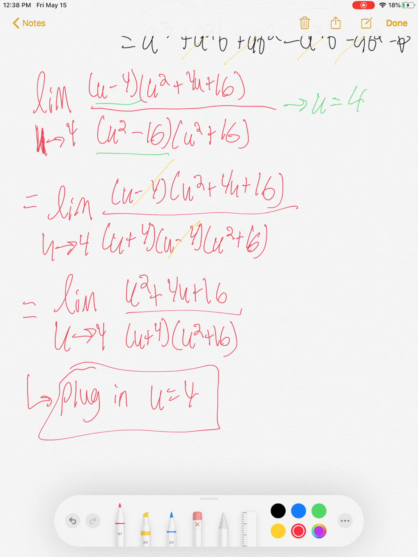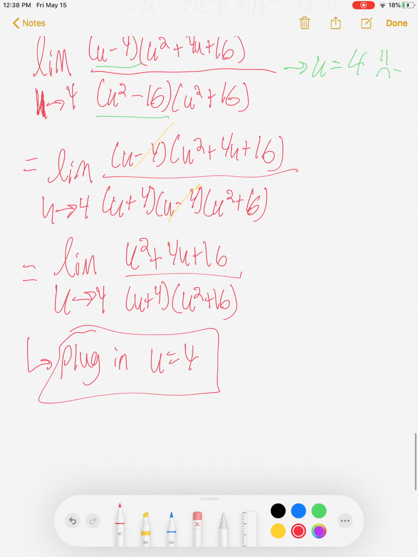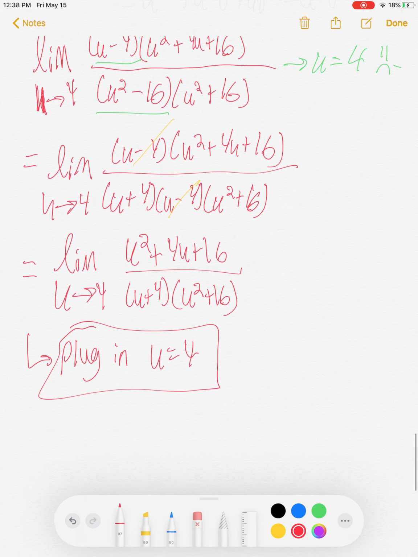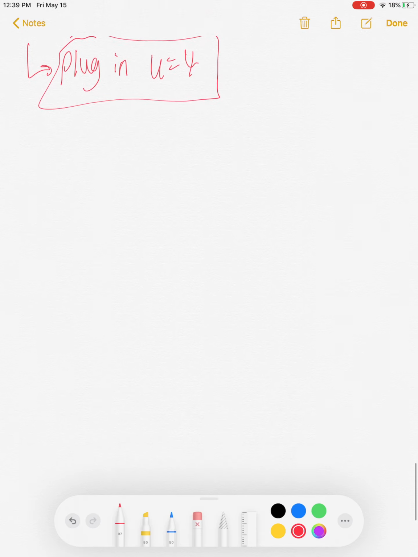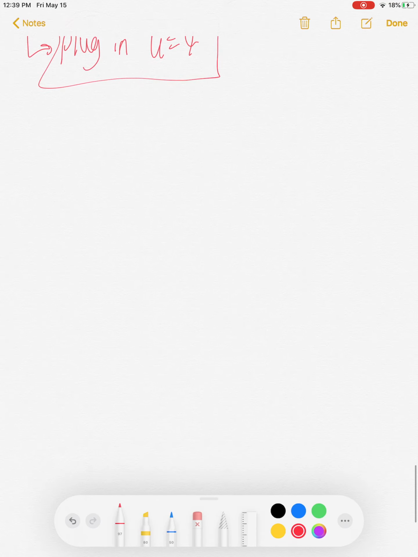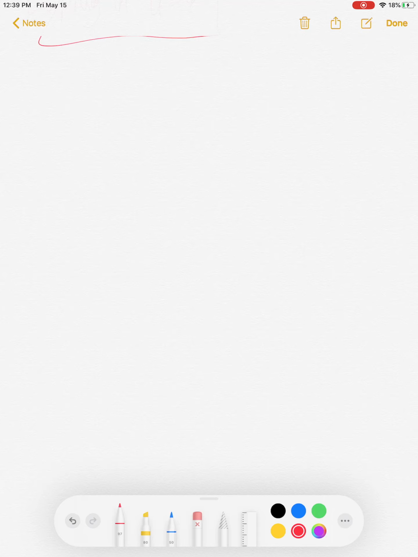We plugged in u equals 4, and again, we came up short after our first factorization. But thankfully we weren't done yet, and we could do a bit more factorizing to get us where we wanted to go. Okay, so sometimes it will take a little bit longer, a few more steps. But in any case, doing algebra like that usually will help you whenever you are stuck.